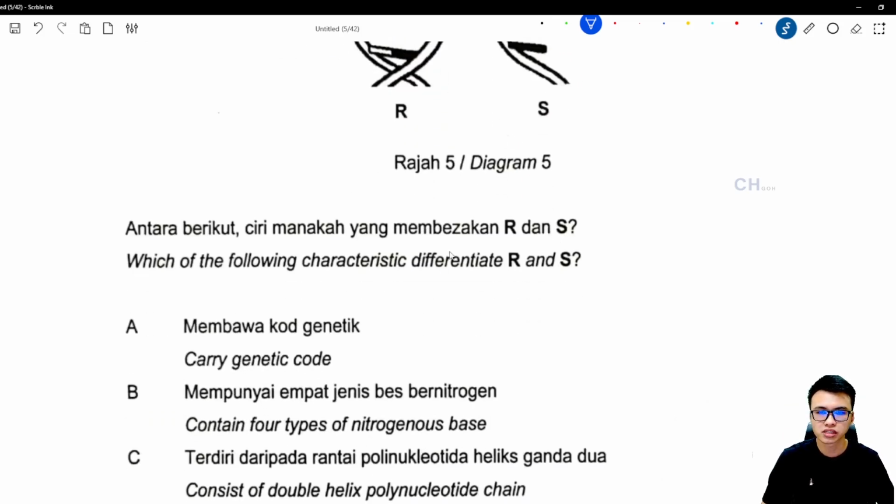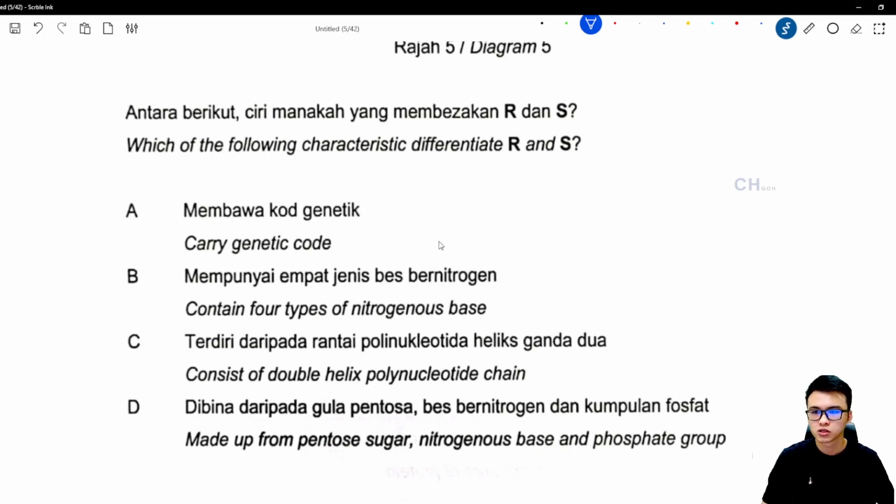Which of the following characteristics differentiate R and S? Both of them carry genetic codes. Yes, true statement, but wrong answer. Contain 4 types of nitrogenous base: A, T, G, C for DNA, or A, U, G, C for RNA.